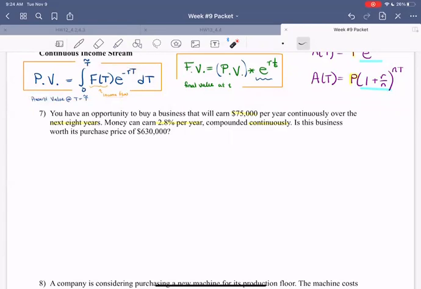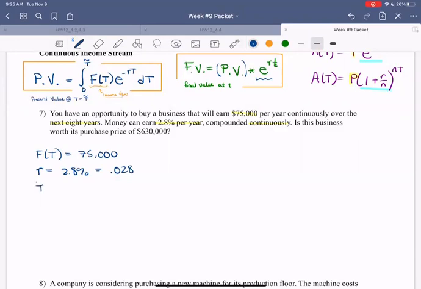First, let's set up the present value of the business. Let's identify everything that we have here. Our income flow function, f of t, is equal to 75,000. That's how much money is coming in per year. Our interest rate is equal to 2.8%, which is 0.028.